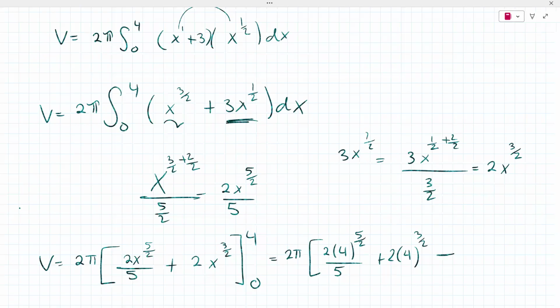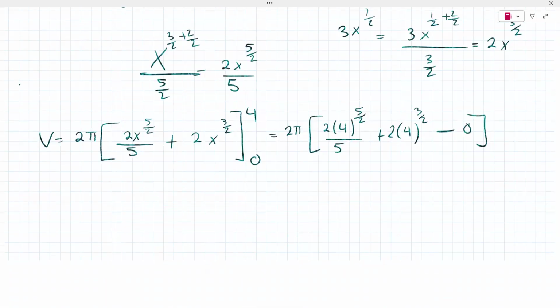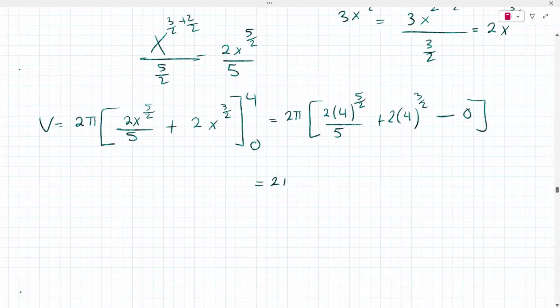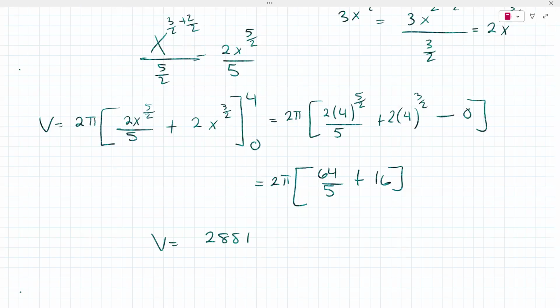Then minus 0, that's easy, because if you plug in 0 here, that's 0. So when you put this in the calculator, 2 times 4 to the 5/2 over 5 is 64 over 5, and then plus 2 times 4 to the 3/2 is 16. When you put it all together, you get volume equals 288 pi over 5.